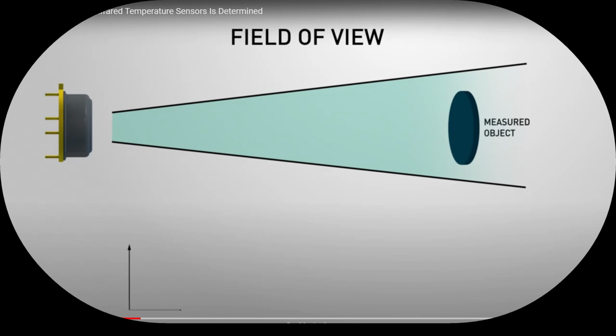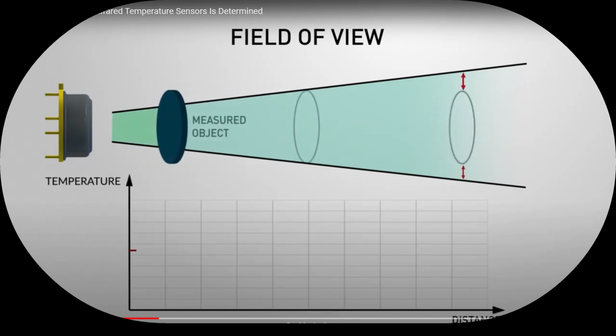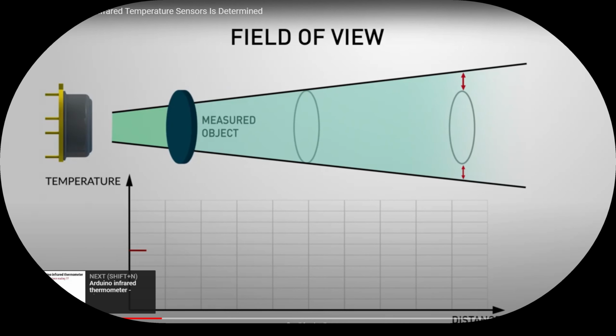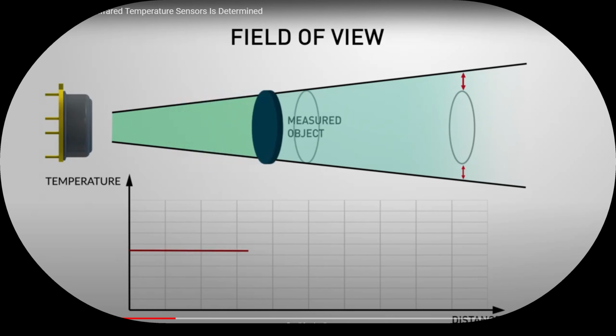Also, we need to take care of the field of view for the pyrometer to work properly. The measured object emits the radiated heat energy, and it should be focused through a certain lens in order to concentrate it on this sensor, which is our pyrometer here.